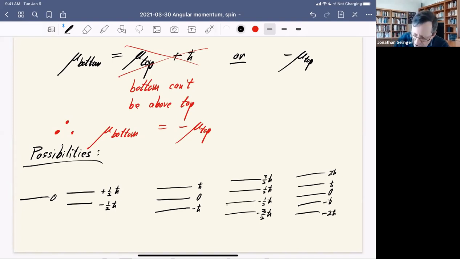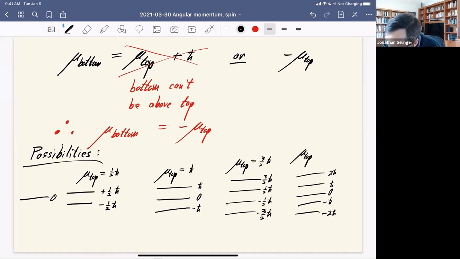So in all these possibilities, mu top equals 1/2 h bar, mu top equals h bar, mu top equals 3/2 h bar, mu top equals 2 h bar, or way over here, mu top equals 0.